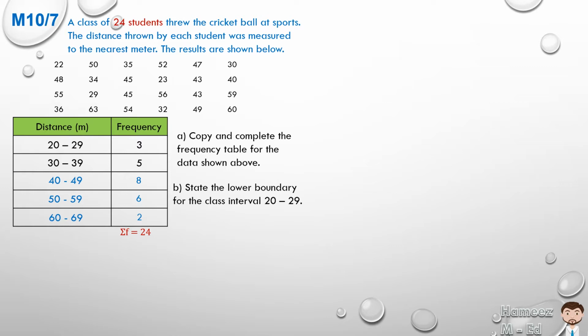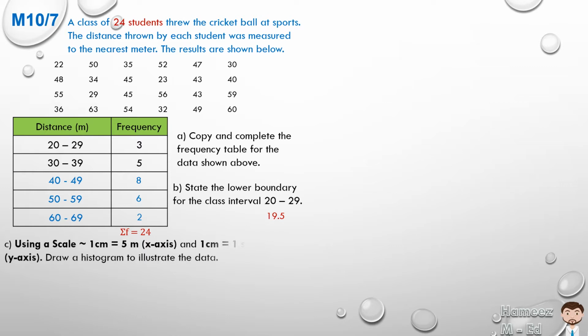So just like 29 to 30, in order for them to meet, they meet halfway, which will be in the middle, 29.5. It means it's moving by 0.5. Similarly, the lower limit will get to 0.5 less. So 20 minus 0.5 will give us 19.5. So that will be our lower boundary.